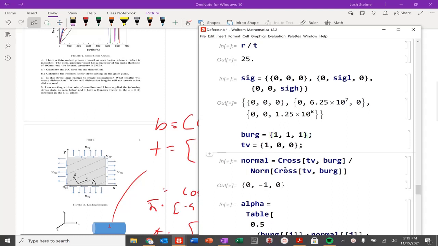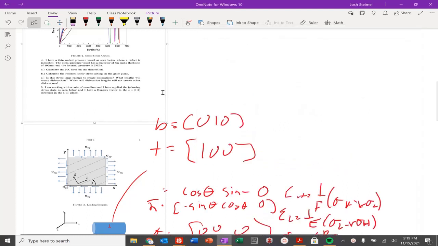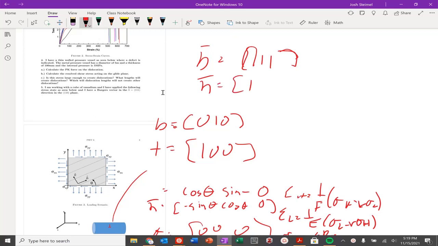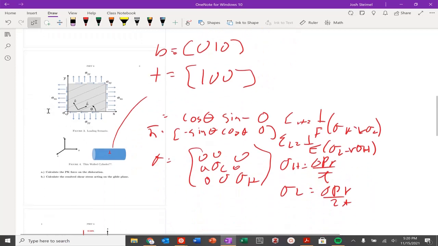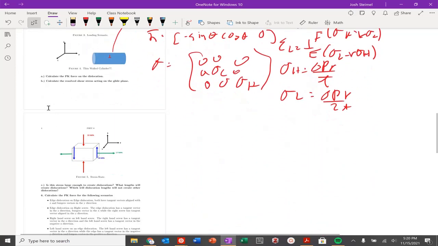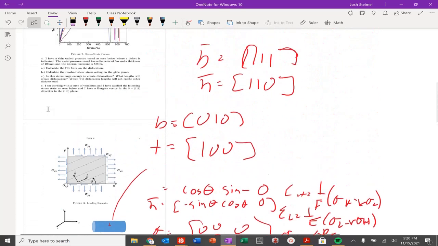So that is telling me my Burgers vector b is equal to 1, 1, 1, and I know my normal is going to be equal to 1, 0, 0. So I have the following search list. Here we go.